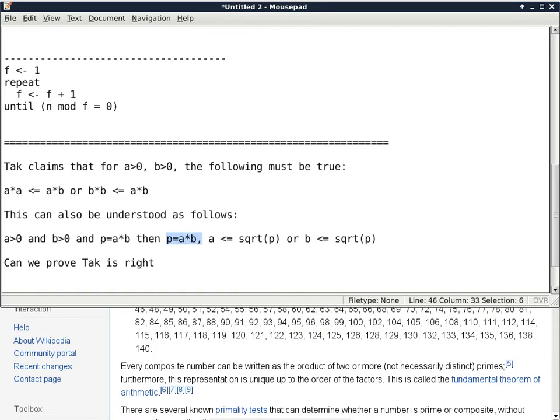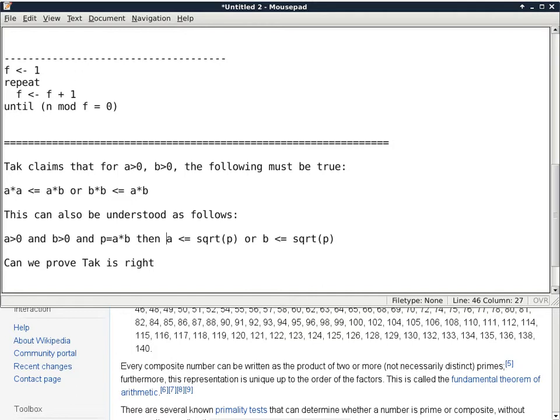What I'm claiming is, give me a number greater than 0, A, give me another number B greater than 0, and define P as the product of A times B. Then it follows, it implies that A is less than or equal to the square root of P, or B is less than or equal to the square root of P. That's what I'm claiming, okay?